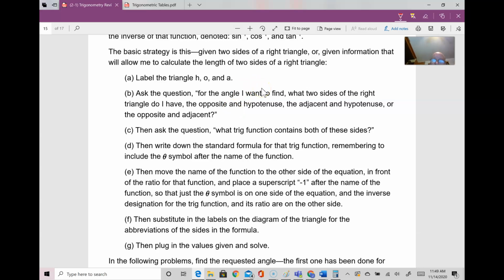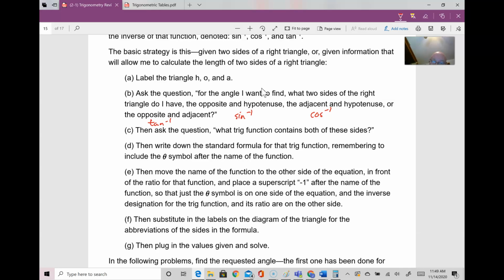If I've been given the opposite and the hypotenuse, I'm going to use the inverse sine to find that. If I've been given the adjacent and the hypotenuse, I'm going to use the inverse cosine to find that angle. If I've been given the opposite and the adjacent side, I'm going to use the inverse tangent.